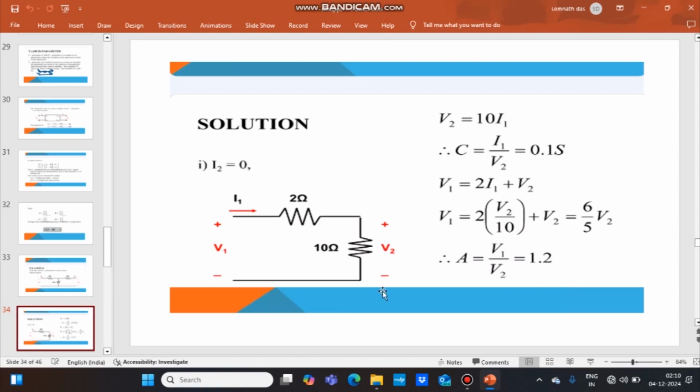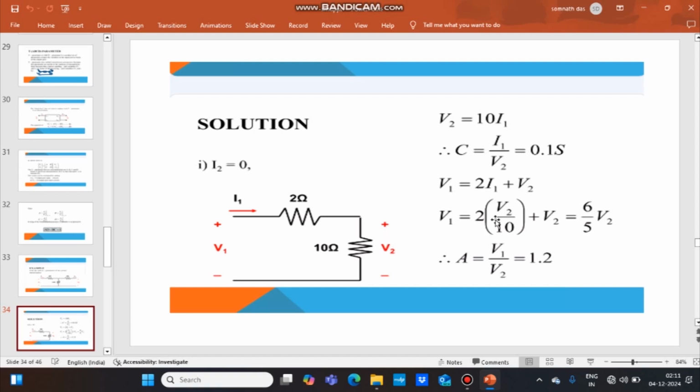So from this network we can write V2 equal to 10I1. V2 is equal to the voltage drop across this 10 ohm resistance. So C equal to I1 by V2, which is equal to 0.1 Siemens. From this network we can also write V1 equal to 2I1 plus V2.